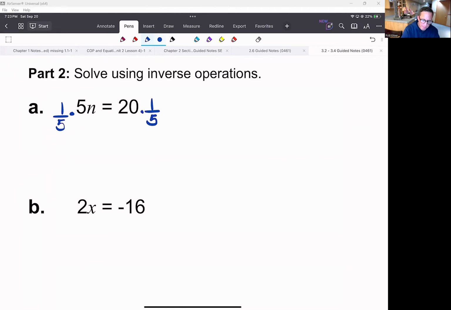We're multiplying both sides by that. Those cancel, because 5 times 1/5, or 5 divided by 5, in other words, is 1. On the other side, we're left with 20 over 5, which really means 20 divided by 5. 20 divided by 5 is 4.